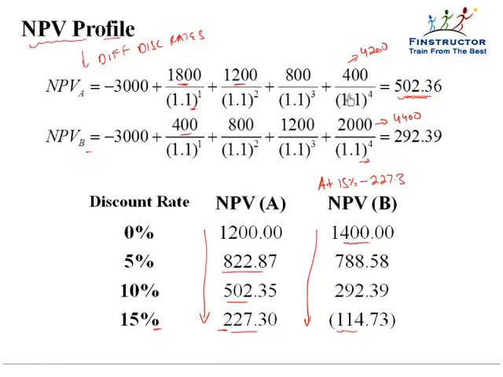Now as the discount rate moves up, as it goes from 5 to 10 to 15, please note that the major brunt of this high denominator will be borne by cash flows further out, because the cash flow coming at the end of t equal to 4 will get discounted back by (1 plus r) to the power 4.